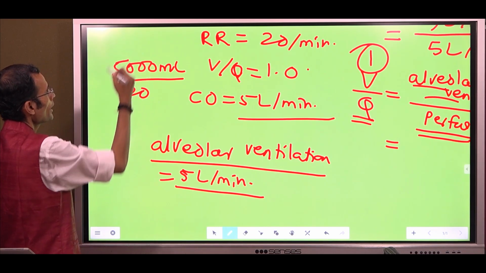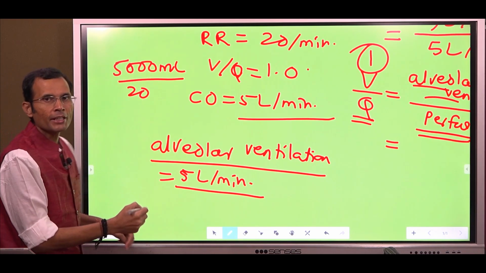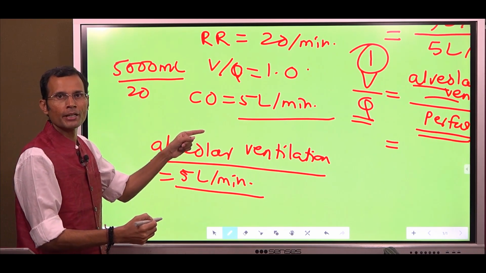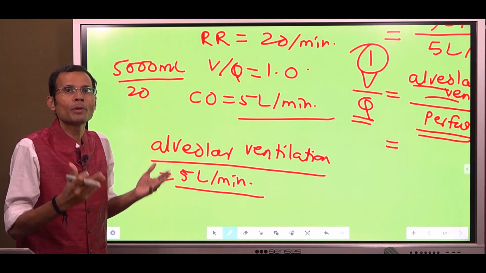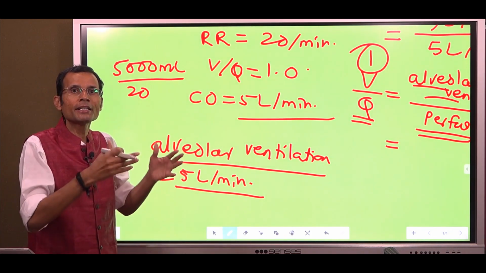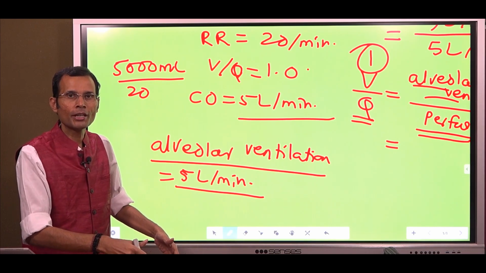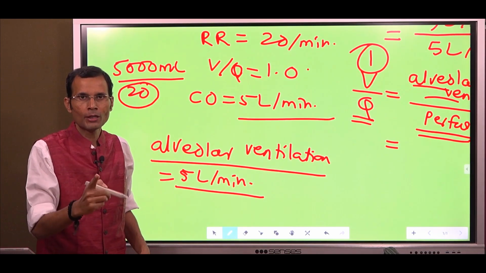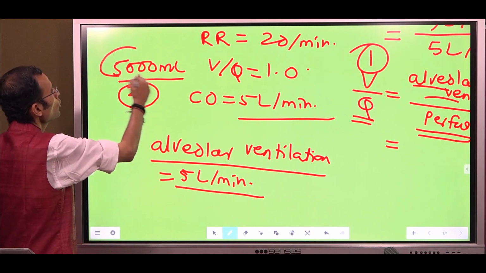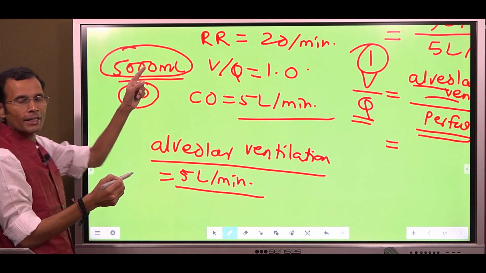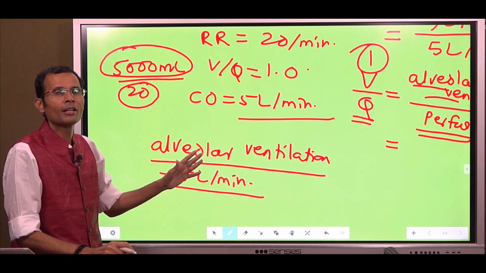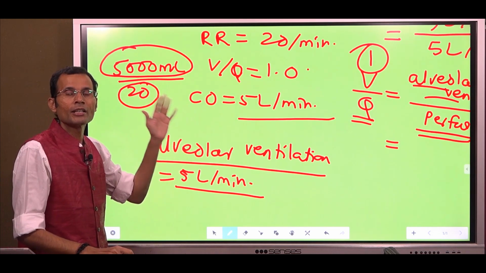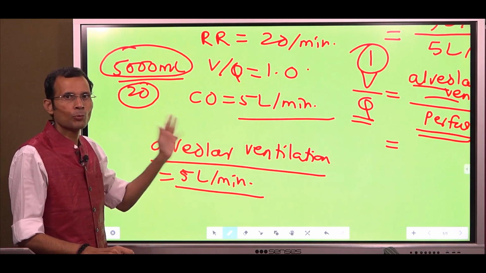So if we divide 5000 by 20 breaths per minute, then we will know how much air is reaching the alveoli in each breath. Okay, 20 breaths are happening in 1 minute, and in those 20 breaths 5000 ml, that is 5 liters air is reaching the alveoli in that 1 minute.